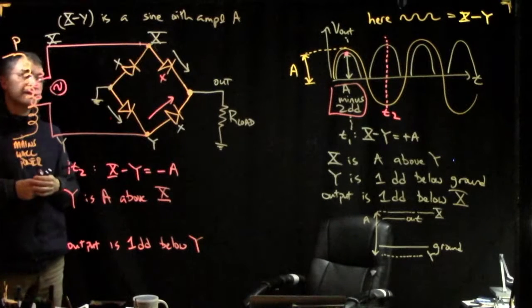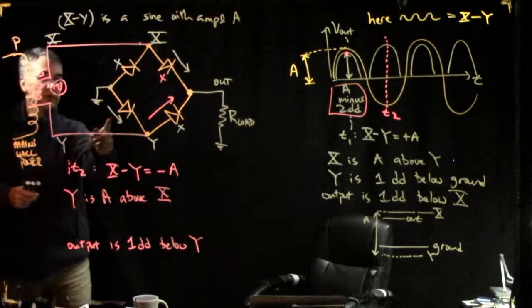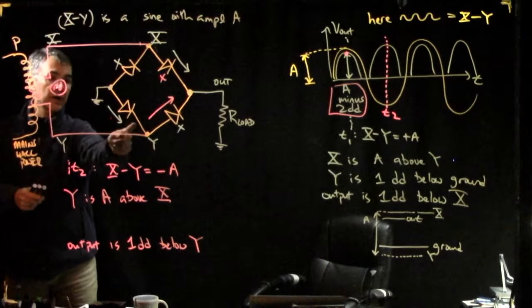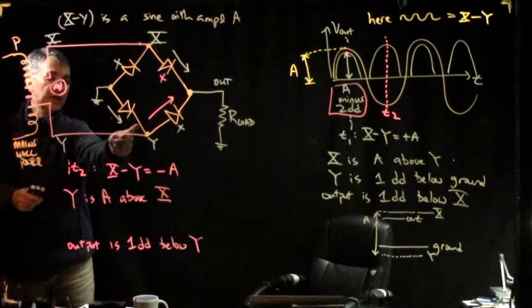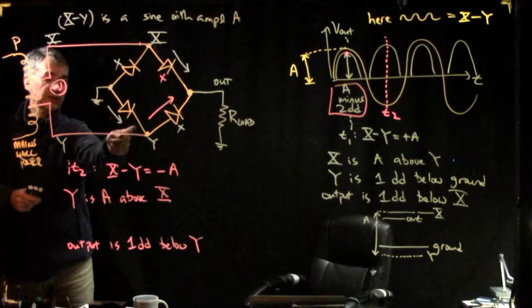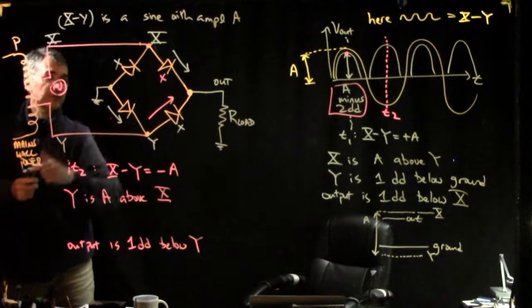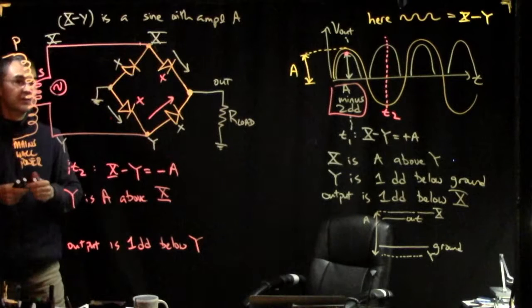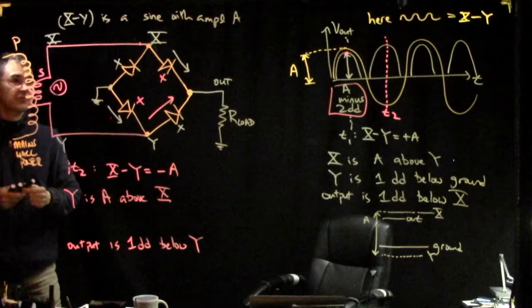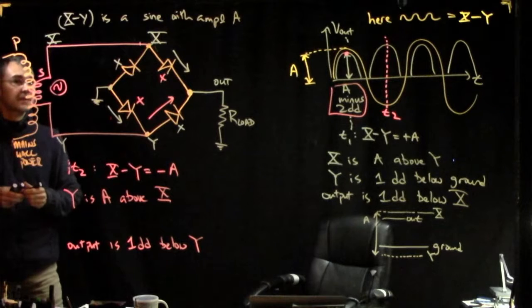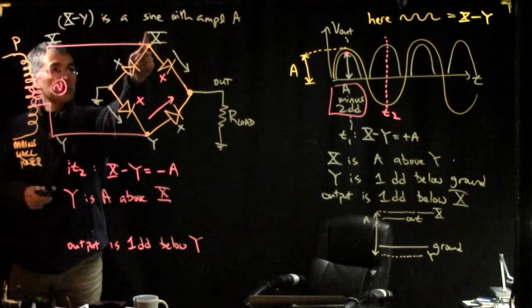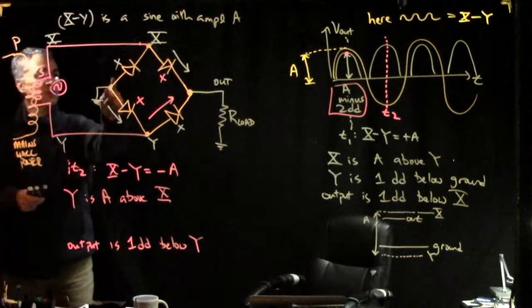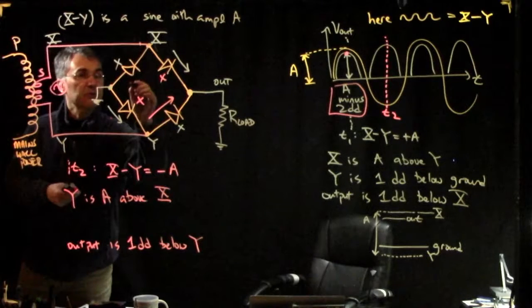And then over here, Y is very high. So if Y is our highest voltage, we're going to say it makes sense that it's way above ground. So there's no current flowing here because it would have to flow backwards across this diode. But X is now our lowest point, and so our lowest point can be a little bit below ground.